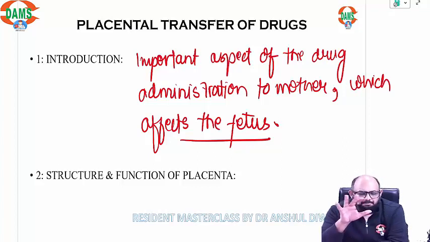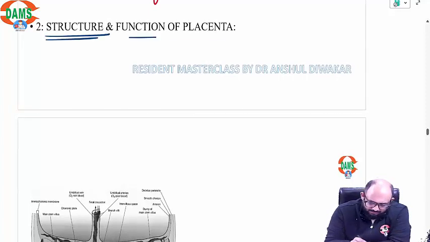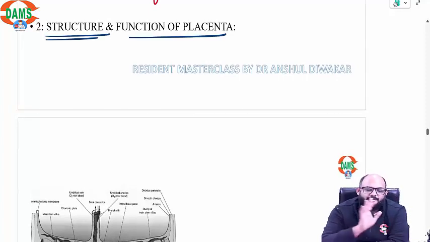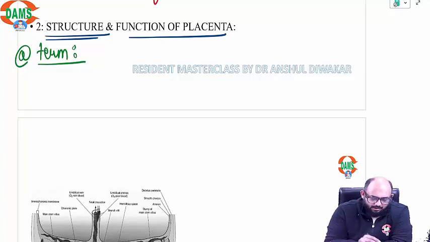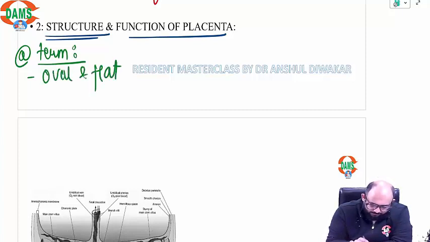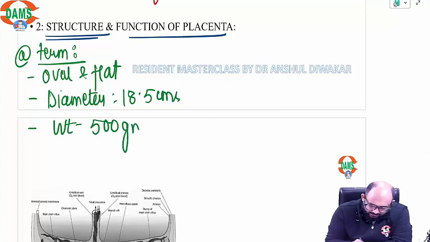Let's go into the basics of structure and function of placenta. Very basic for exam writing. At term, placenta is oval and flat. It has a diameter of 18.5 centimeters. It has a weight of 500 grams.